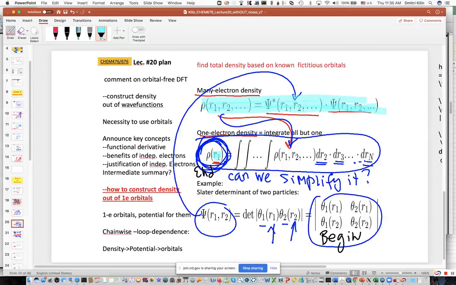So we need to integrate over the position of the second electron, then over the position of the third electron, and subsequently we integrate over all but one electron, including the last one.